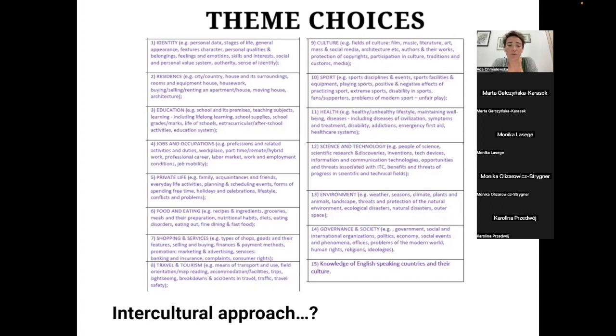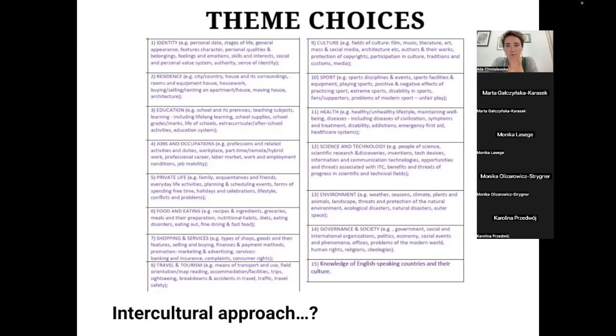On the other hand, we also believe that this choice that you can see on the screen is actually appropriate. This is what we want to teach about anyway, because these are the topics that are applicable to our everyday life, and we need our students to be able to talk about that. But on the bottom you can see the main question that we face: how can we find the intercultural approach in these topics?